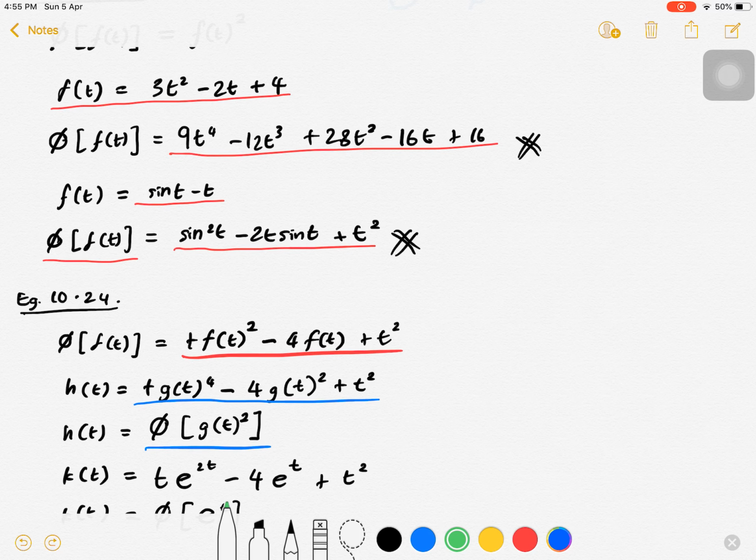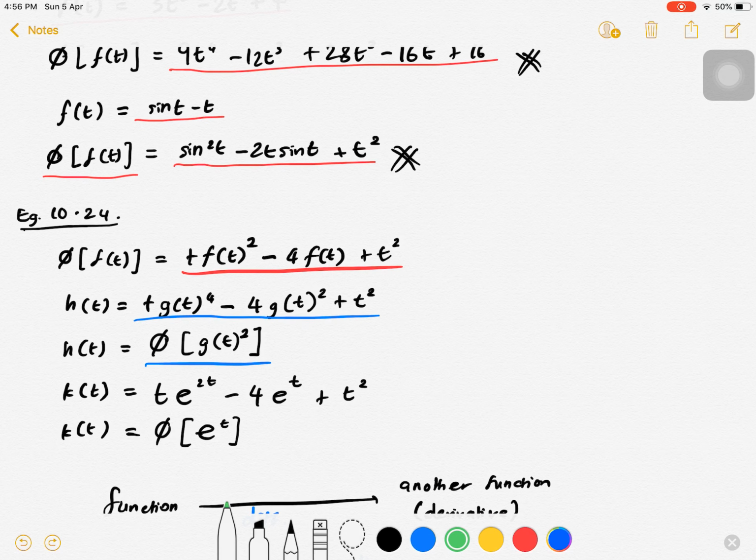So when we have this kind of operator, and we know that this operator exists, when we see any function that has a similar form, for example this function, can you see the similarity of the form between this one and this one?